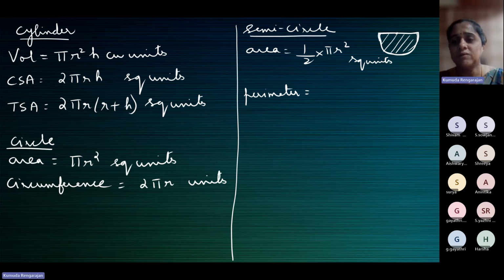Perimeter is the length of the boundary of a closed figure. So supposing you start here, you walk like this, you walk like this.